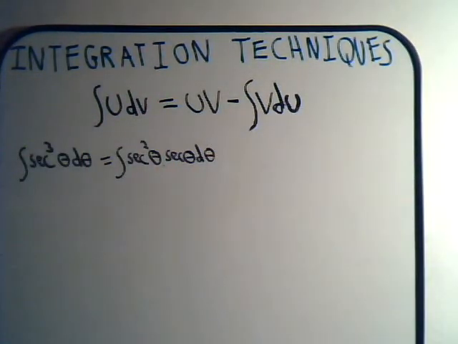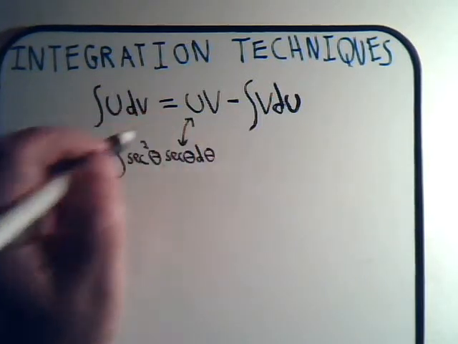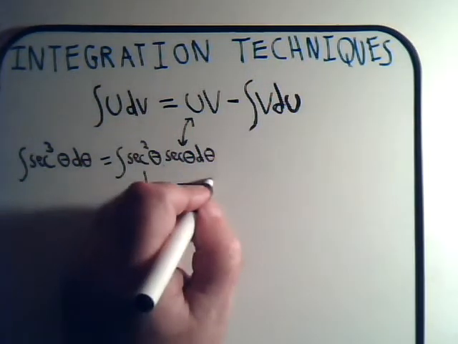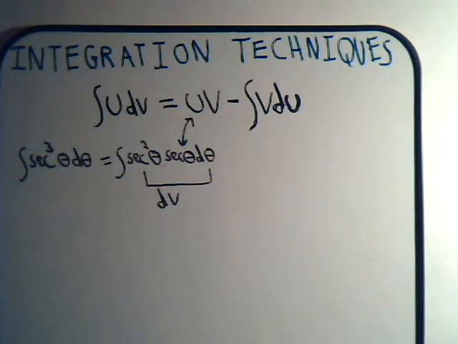that means then we call the secant of theta u, and this would be dv. Let's just write things out now.